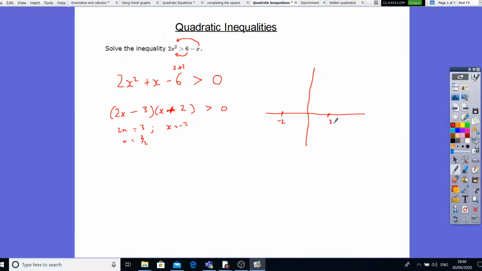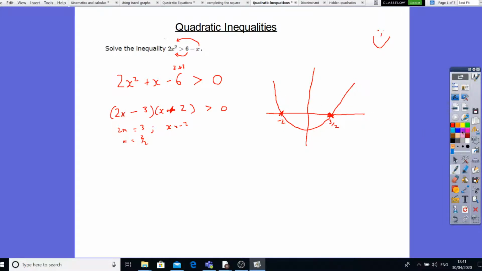That's 3 over 2. And the graph is a positive graph, looks like a smiley face. So the graph goes down, dips up, and comes back up. That's crossing through positive 1.5, and that's crossing through minus 2.